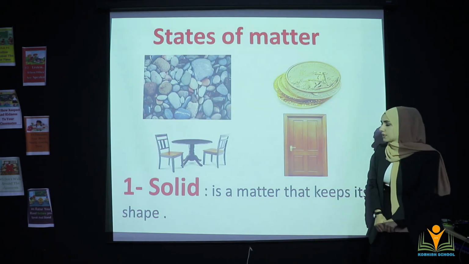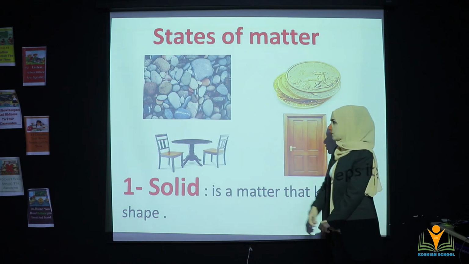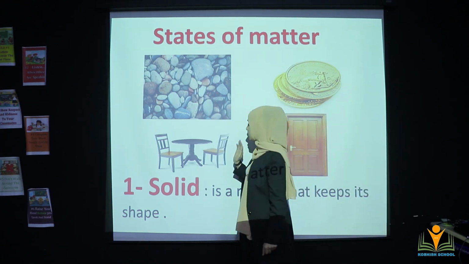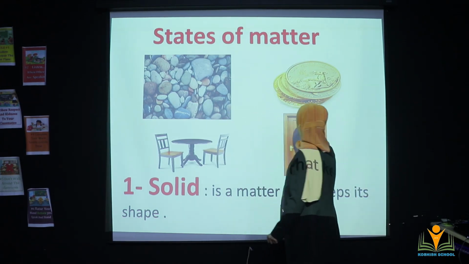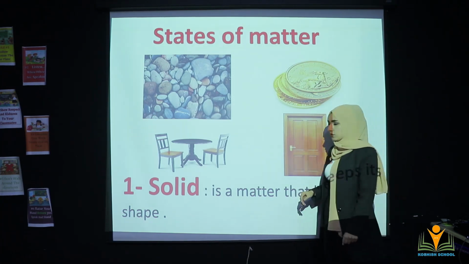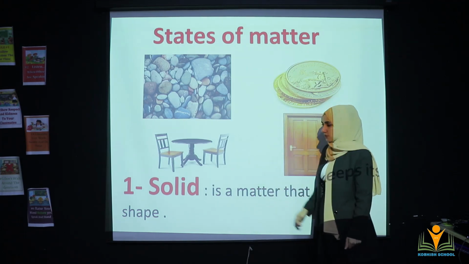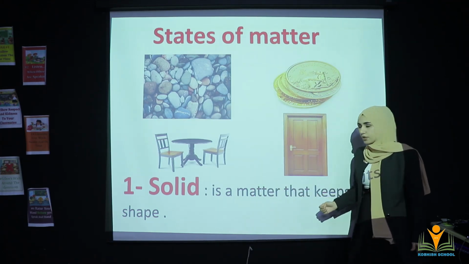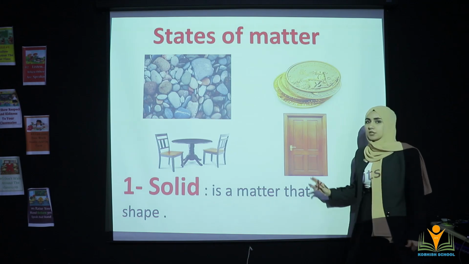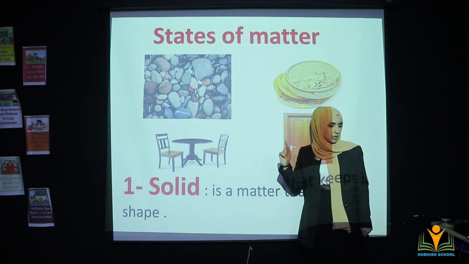Like a rock has a shape, like a table, a chair, a door, coins. All of them are matter. Everything like this is called a solid. Solid is a matter that keeps its shape.